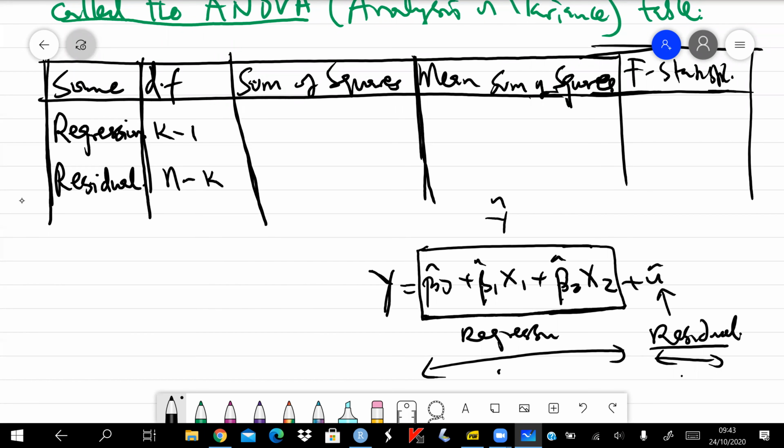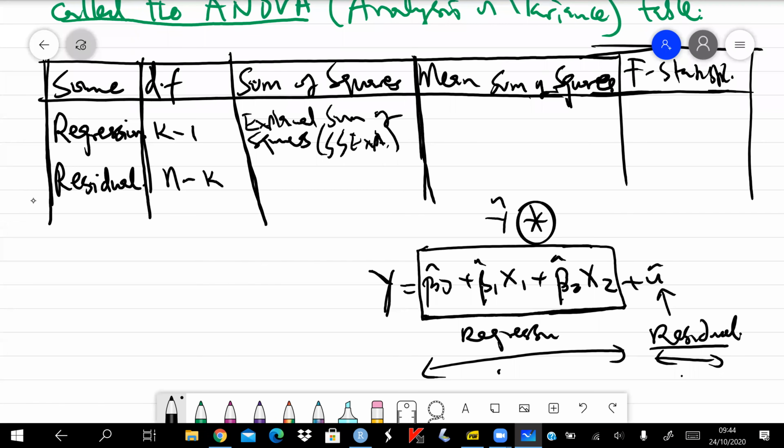Here, the type of variation we find under the regression part of the model is what we call the explained sum of squares, which we denote SS explained.